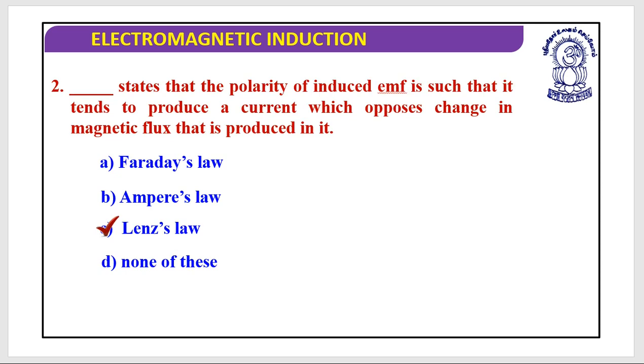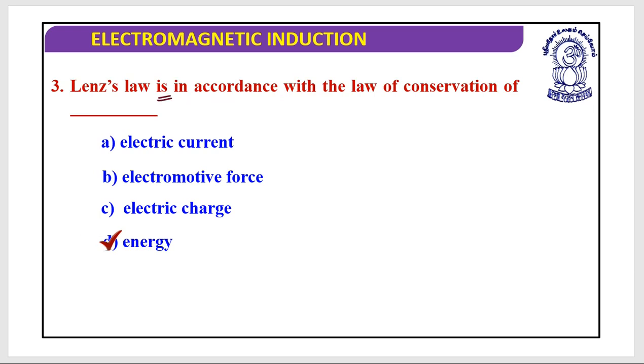It says that blank states that the polarity of induced EMF is such that it tends to produce a current which opposes the change in the magnetic flux that is produced in it. Yes, this is the statement of Lenz's law. Next, Lenz's law is in accordance with the law of conservation of energy.